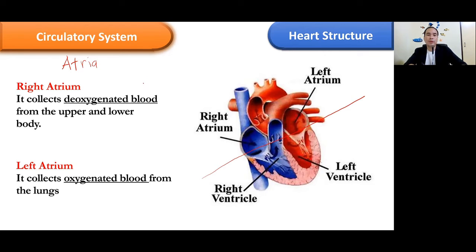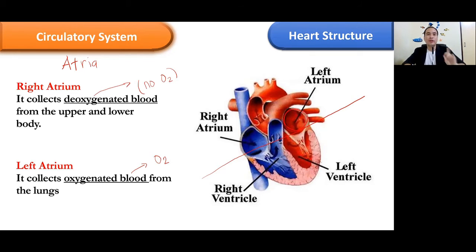Deoxygenated blood means no oxygen in the blood. And oxygenated blood is the blood with oxygen. So your right atrium collects the deoxygenated blood from the upper and the lower body. And your left atrium collects the oxygenated blood from your lungs.